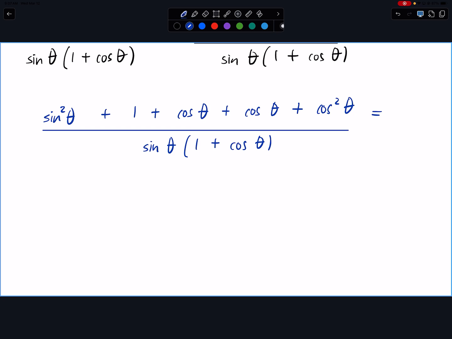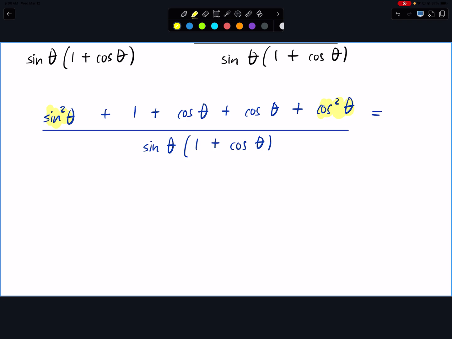There's 2 cosines, so if I add those, I'm going to get what? 2 cosine theta? Do you guys notice anything else on top? Ready, guys? This is where you guys smile. What is sine squared plus cosine squared? 1. So this just becomes 1.